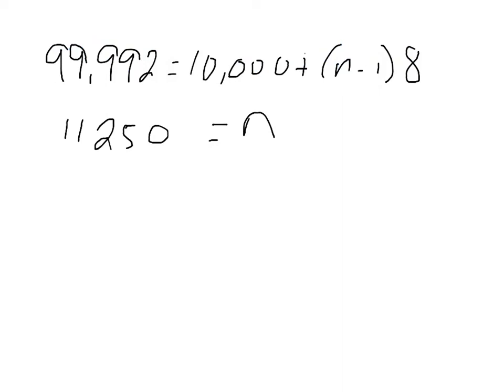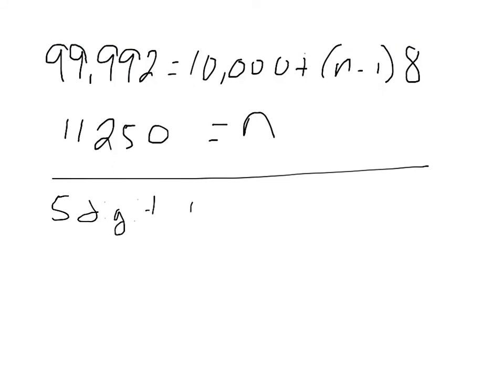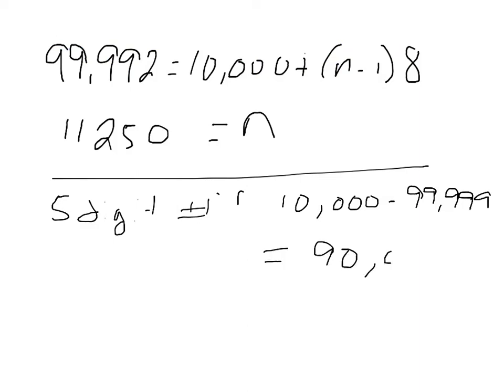So if I take the numbers that are in my set, all the 5-digit numbers, well, how do I find that? Remember the trick was if I take 10,000 and 99,999, we subtract these two numbers and then add 1, and that's going to equal 90,000.